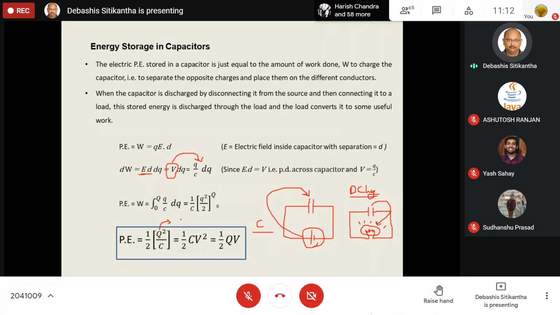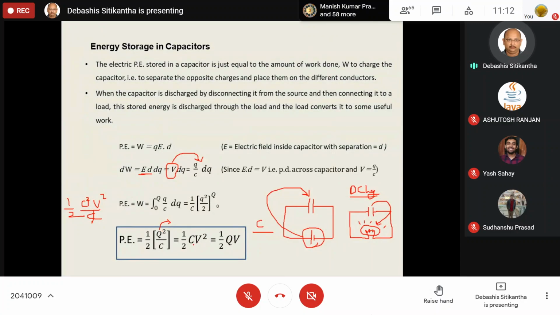Then I get another expression for potential energy as half CV squared. Because over here, in place of Q, I simply replace Q by CV. Since Q squared is there, I write C squared V squared divided by C. So ultimately what I get is half CV squared.